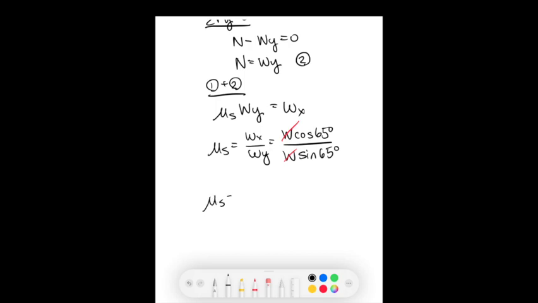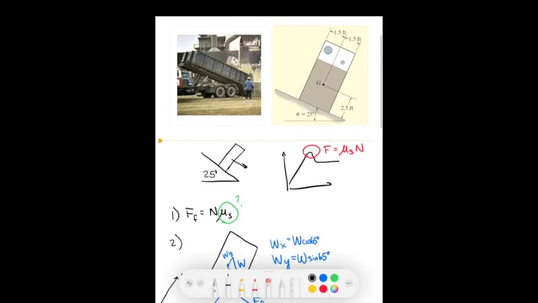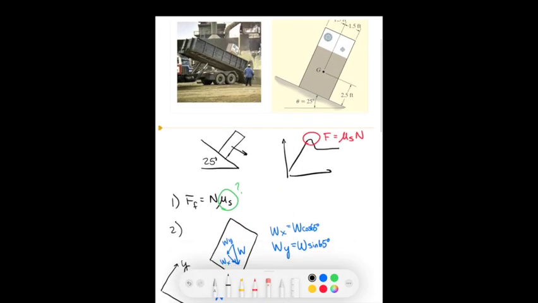When we solve for mu s, we find that it is 0.466. So this is the static friction coefficient between the fridge and the dump truck, such that the vending machine would be on the verge of sliding down the truck at an angle of 25 degrees.